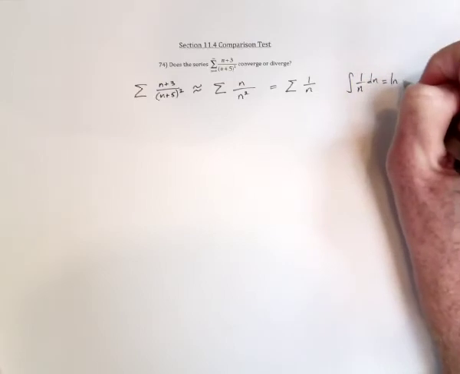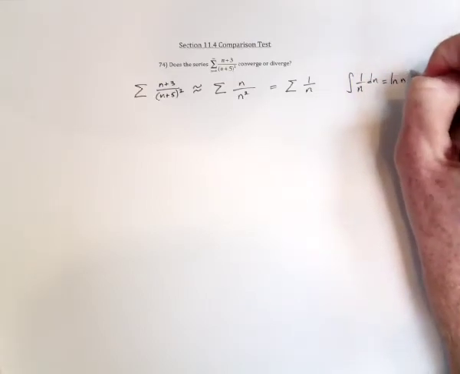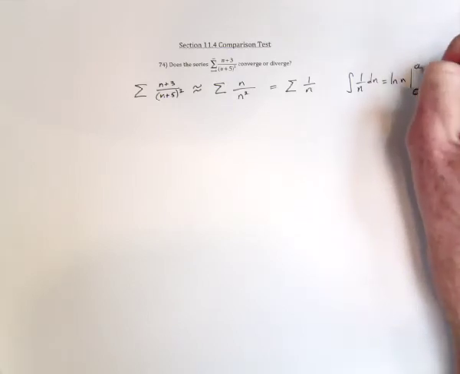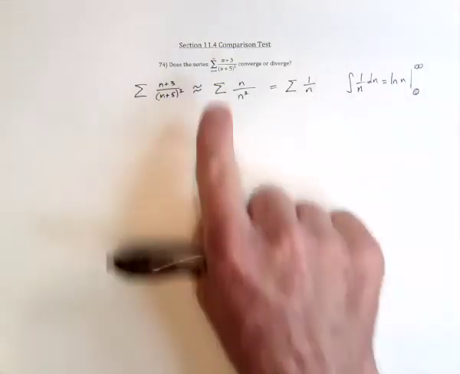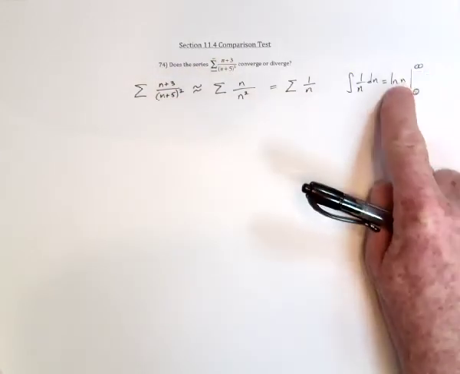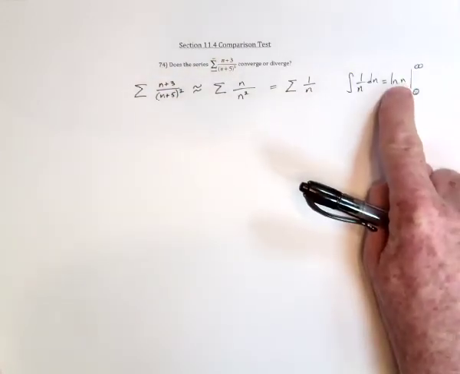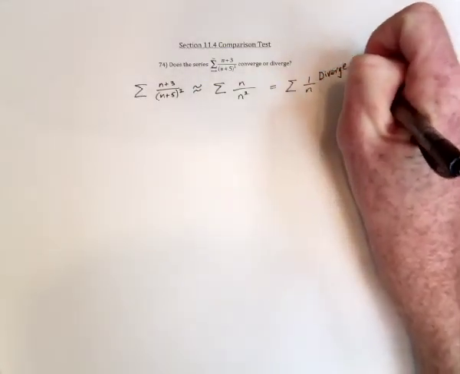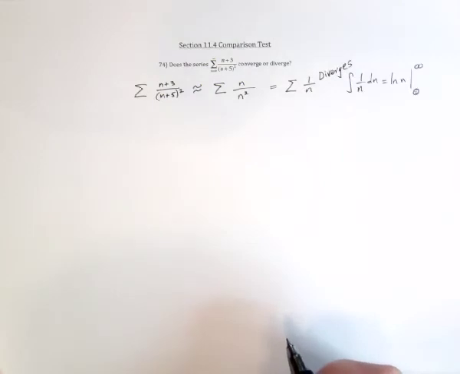You will get the natural log function, and it doesn't even matter what you put here. What matters is, since all of these series go to infinity, you'll have to have infinity up here, and then the natural log function does go to infinity. So this one diverges, or in other words, it adds up to infinity.